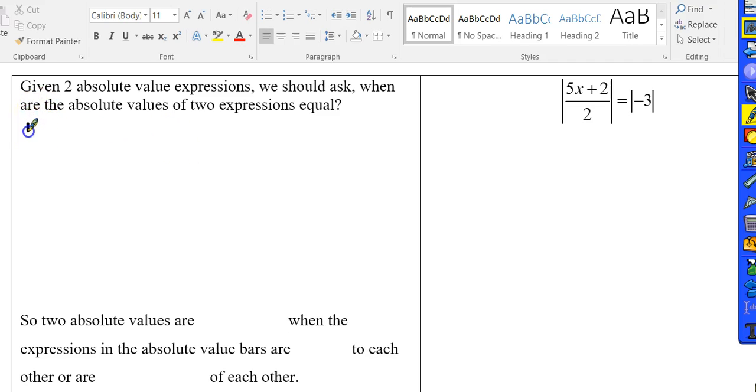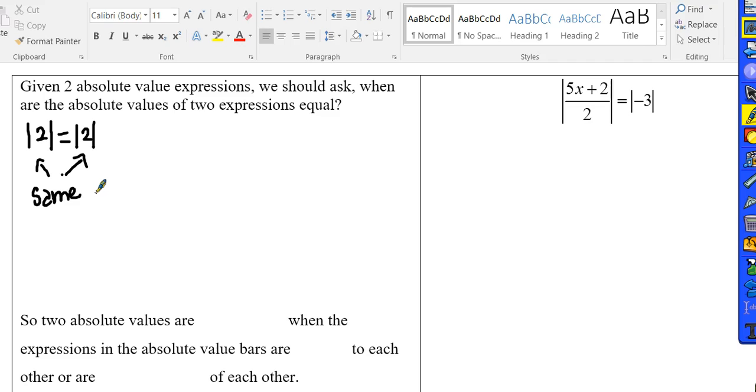So, let's say I'm given the absolute value of 2, and I have another absolute value of 2, and I set them equal to each other. That's obviously a true statement, because these two numbers in our absolute values are exactly the same. Absolute value of 2 equals the absolute value of 2.